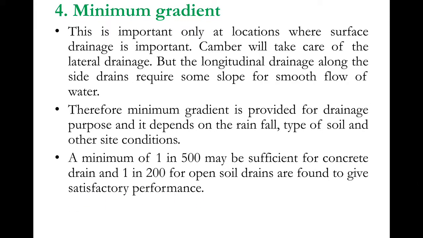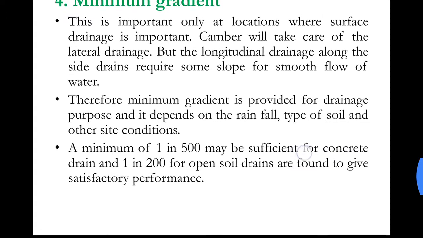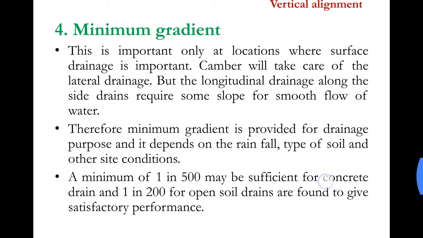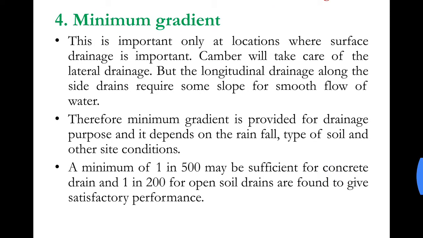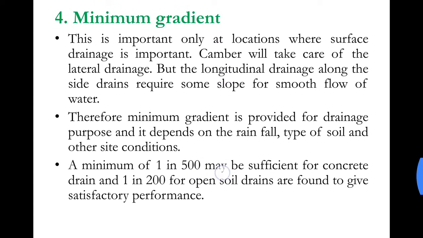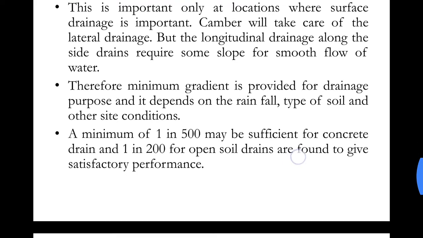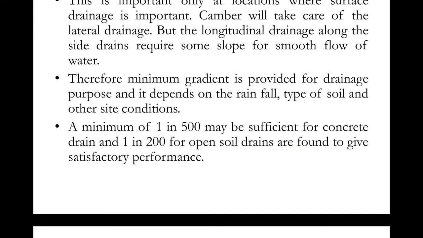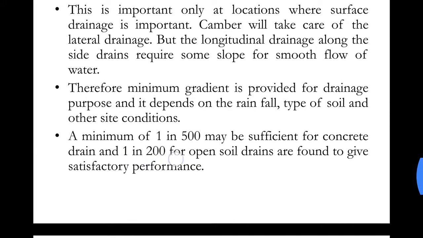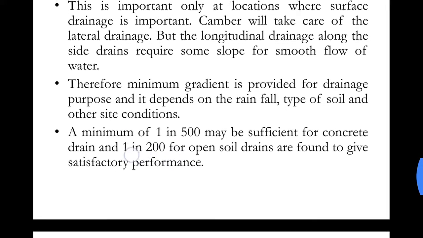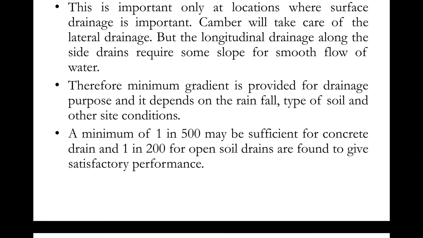In the case of longitudinal drains, if the material used is concrete, since concrete does not absorb water, a gentler slope can be provided, so 1 in 500 can be provided there. But for open soil drains, for drains made up of soil, a steeper slope is to be provided, that is a standard value given by IRC is 1 in 200.